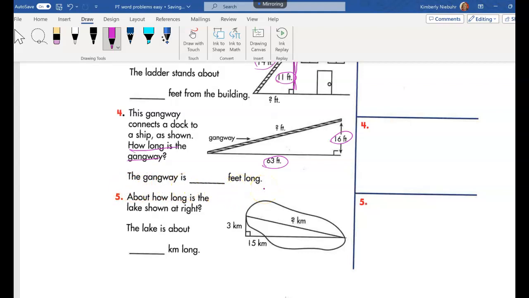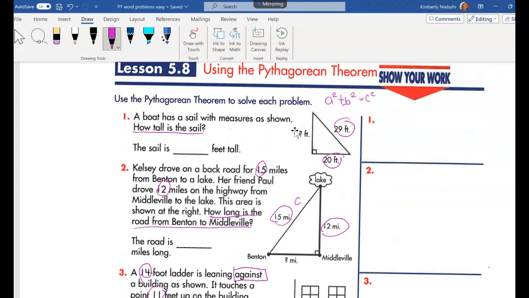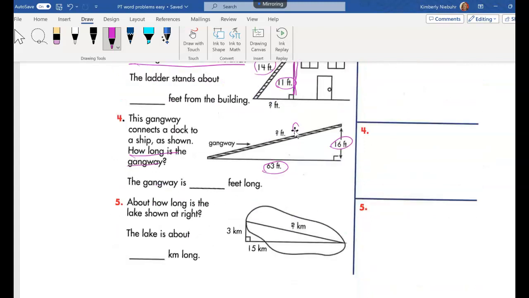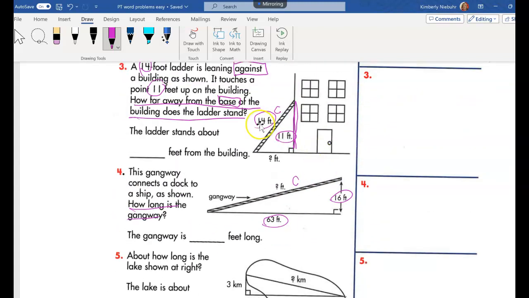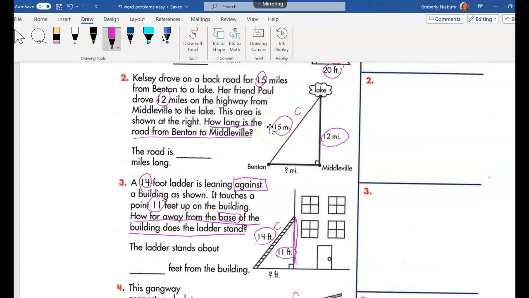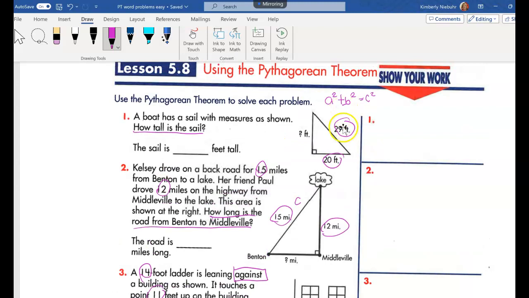This is definitely side C. It's the longest side. We are solving for C, the longest side.